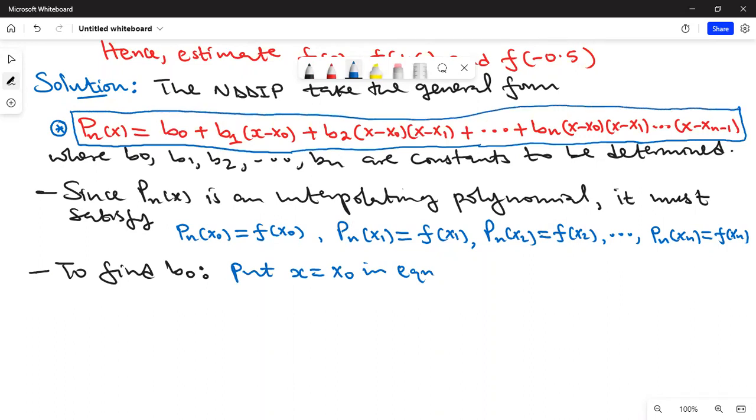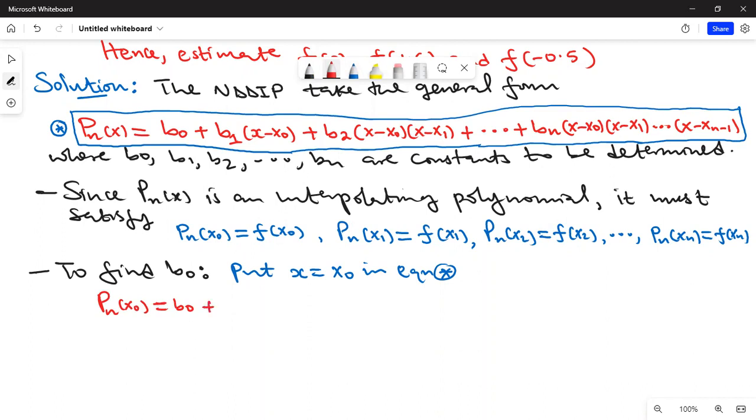So when I substitute x0 in equation star, what will we get? Pn of x0 is equal to b0. The rest are zeros because you see here x0 minus x0 will be 0.